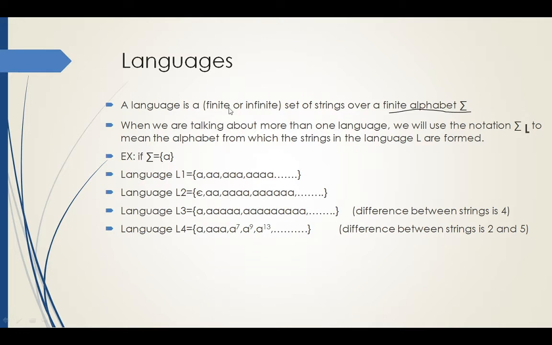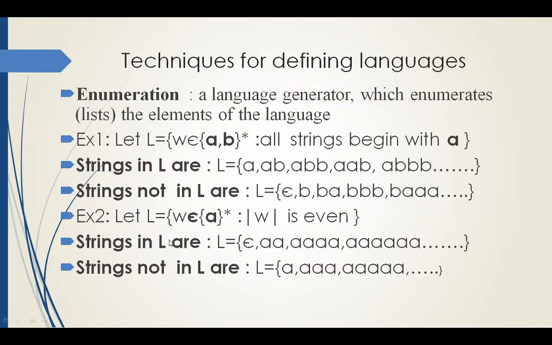What is the first language? It contains the strings where the alphabet A occurs sequentially. Second language where the alphabet A occurs an even number of times. Third language where the alphabet occurs an odd number of times. Fourth language where the difference between the occurrences is 2 and 5.